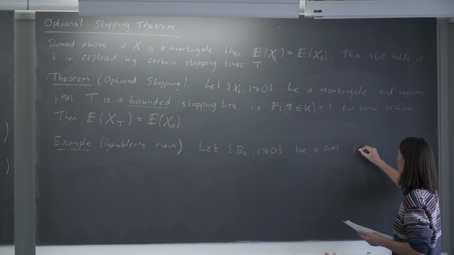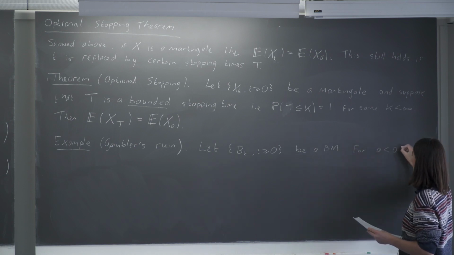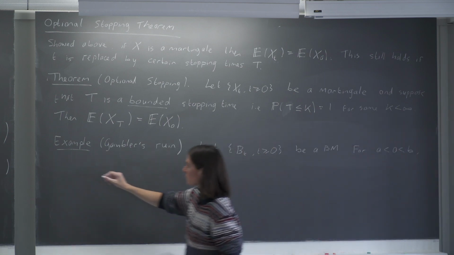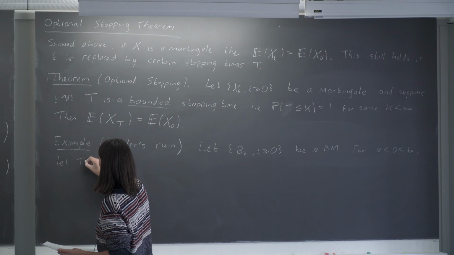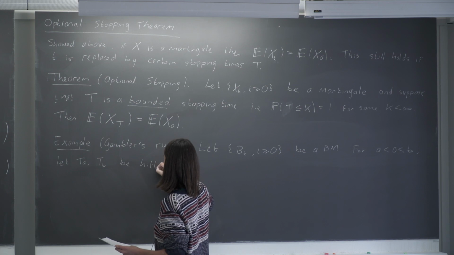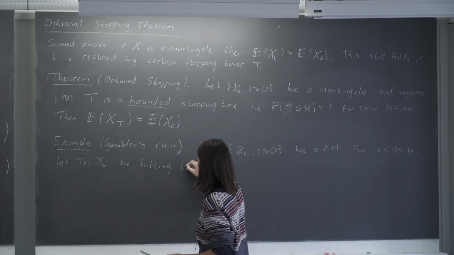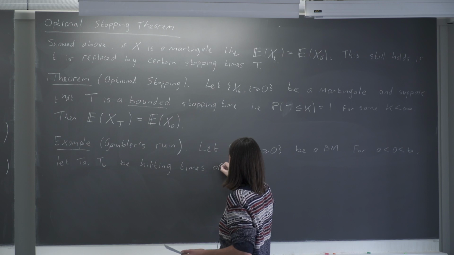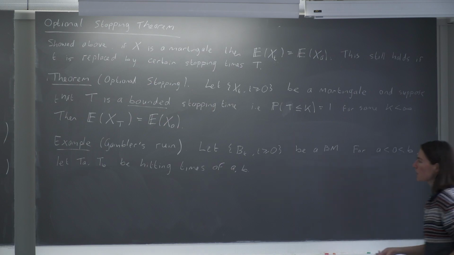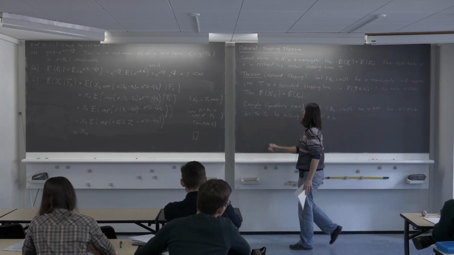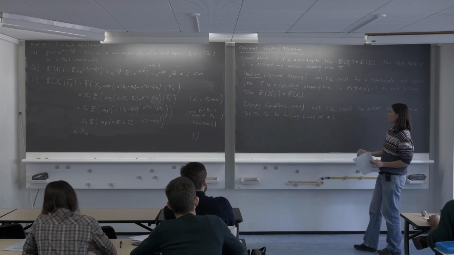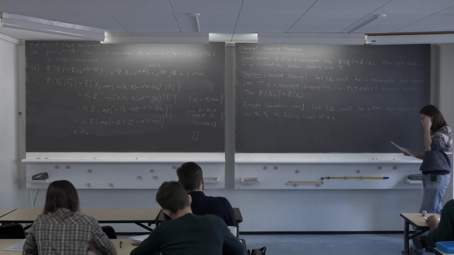And for A between 0 and B, let T_A and T_B be the hitting times of A and B. So remember, we defined this in the last lecture. The first time that your Brownian motion hits level A is T_A. The first time that your Brownian motion hits level B is T_B. And if you never hit A, T_A is infinite. If you never hit B, T_B is infinite.